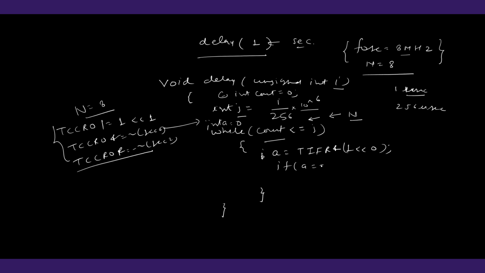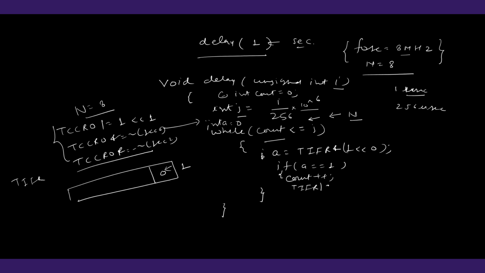If a is equal to 1, then we have to increment count, so count++. Then we also have to reset the flag. We have the TIFR register, and this is the flag with number 0. To reset this flag we have to write 1 here, so we write TIFR |= 1 << 0, and this will reset the flag.